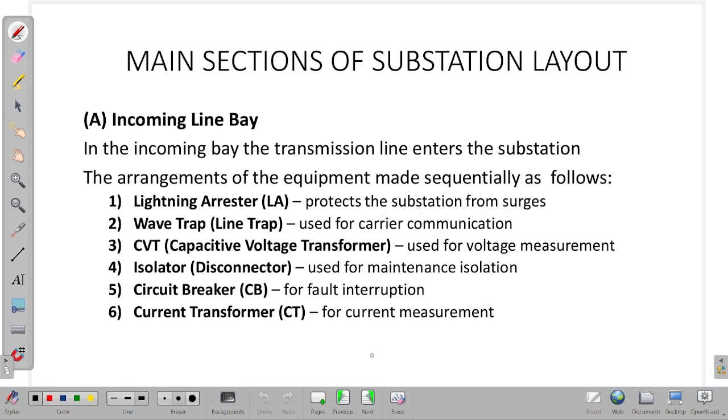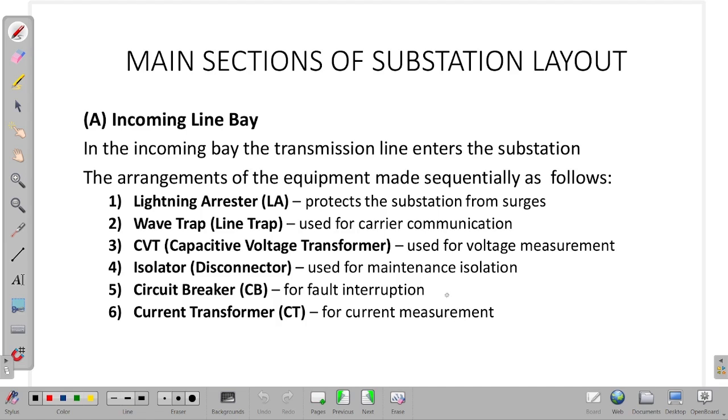It is the incoming line bay. In this incoming bay, the transmission line enters the substation. As soon as it enters the substation, the equipment is arranged in the bay sequentially.